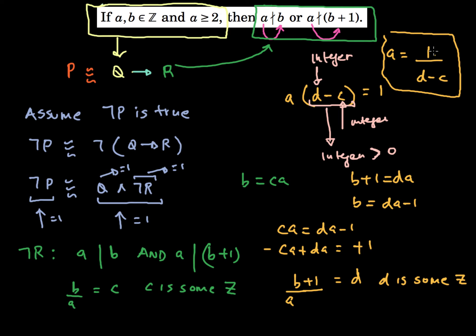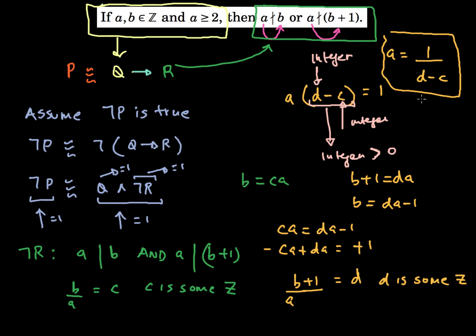will never be greater or equal to 2. My assumption originally was that not P is true, which meant that Q is going to be true, and Q was this entire statement in yellow where I'm claiming that A must be greater or equal to 2. And I just concluded that A cannot be that. A must be a number that is less than 2. In fact, it's definitely going to be less than 1.